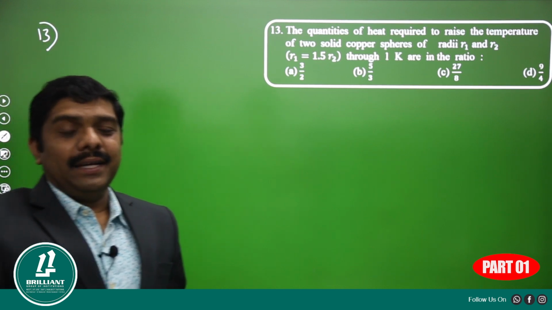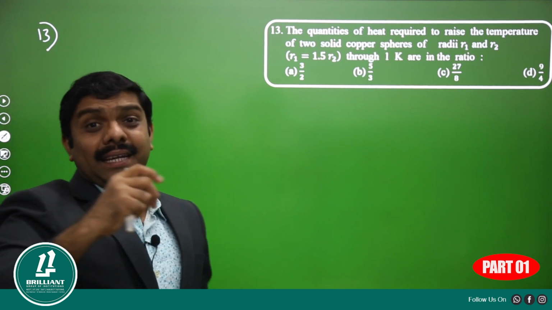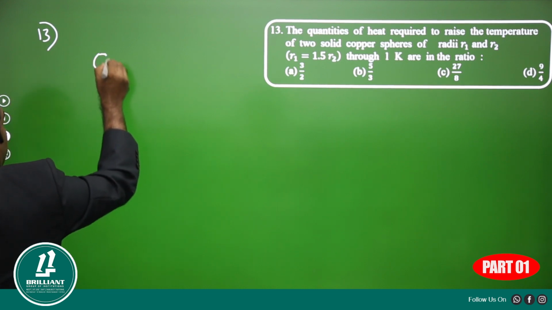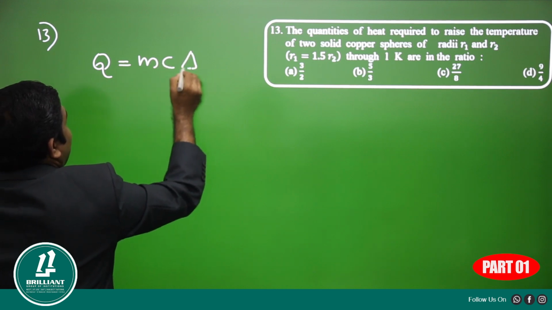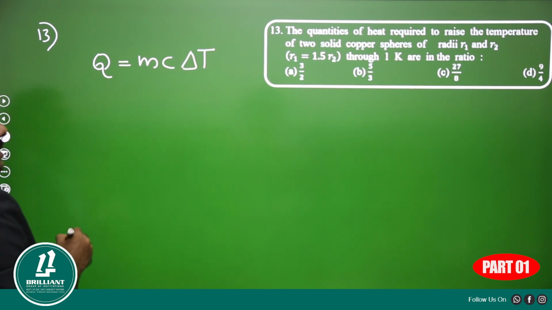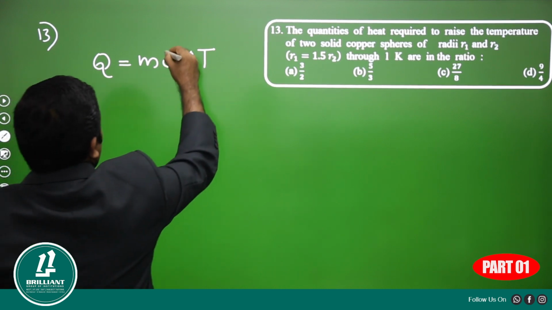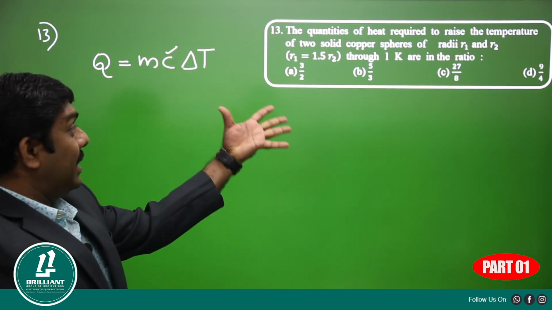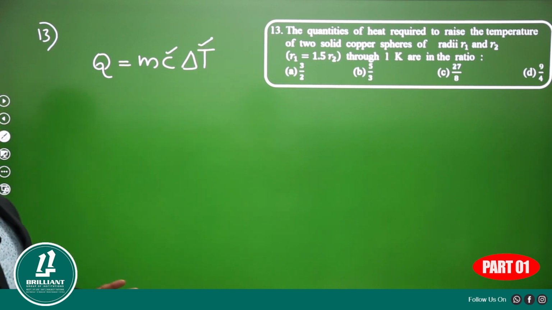For the heat required to raise the temperature, we have the equation Q equals m c delta T. Now see, both are copper spheres, so C remains the same. And delta T is 1 Kelvin, so the change in temperature is also the same for both spheres.